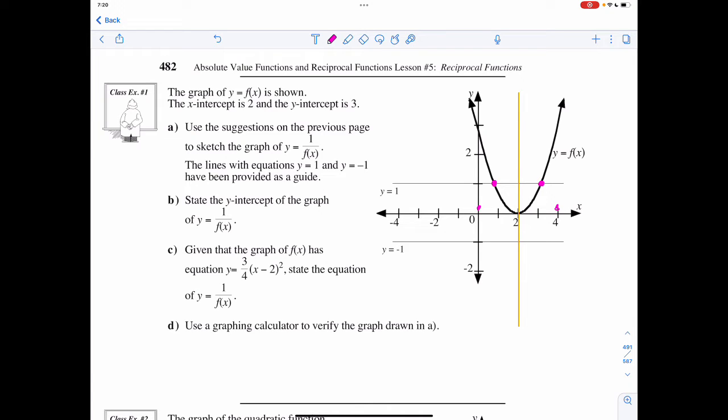And then beyond that, all I can really do is show that it's getting closer to that asymptote, and show that it's getting closer to the horizontal asymptote where y is equal to 0.